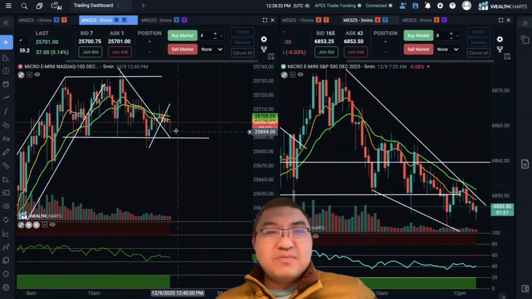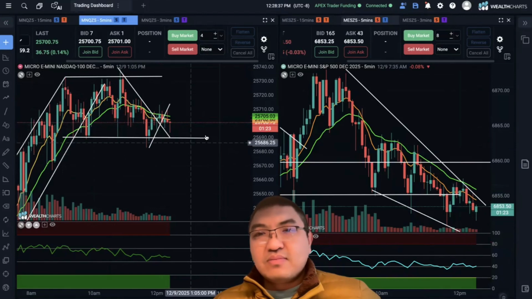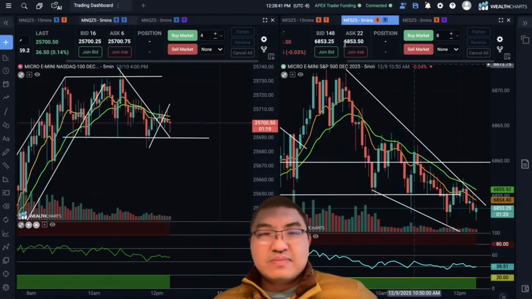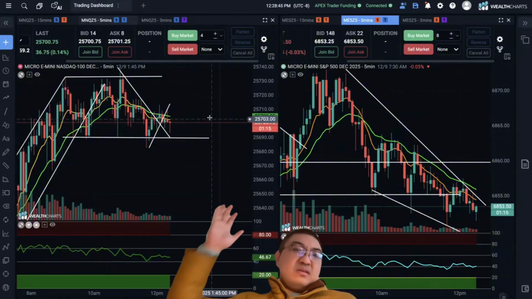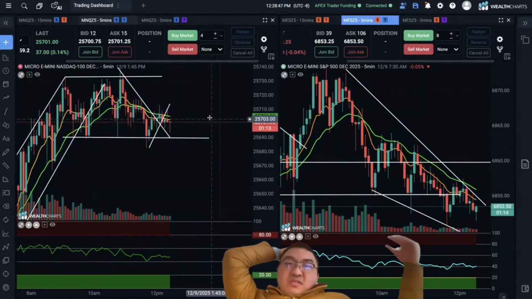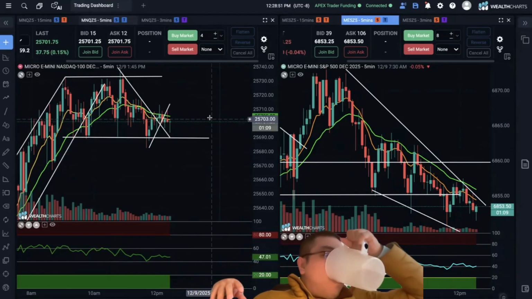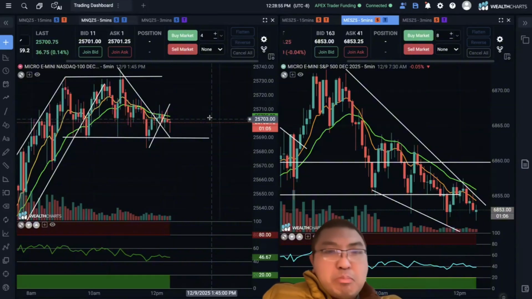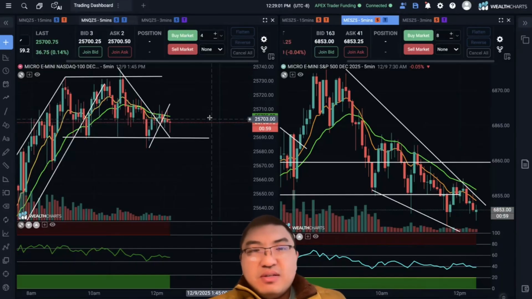Oh, it's like a liquidity sweep. At this time, we cannot confirm this is really a liquidity sweep, because it has not been 30 minutes. Maybe the sweep happened in the last 10 minutes. You just wait.